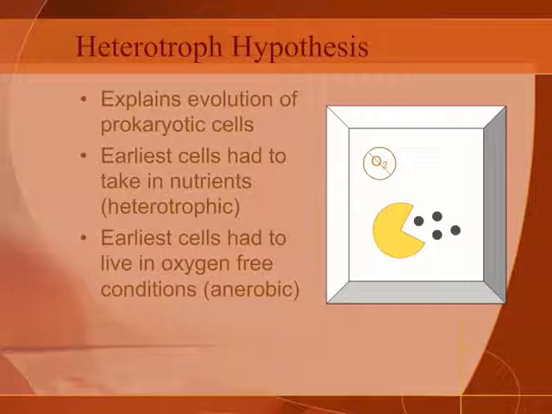The information that you first need to write in that box is that the Heterotroph Hypothesis explains the evolution of prokaryotic cells. And of course, you remember prokaryotic cells are those without a nucleus. That's all you need to write in that box right now.